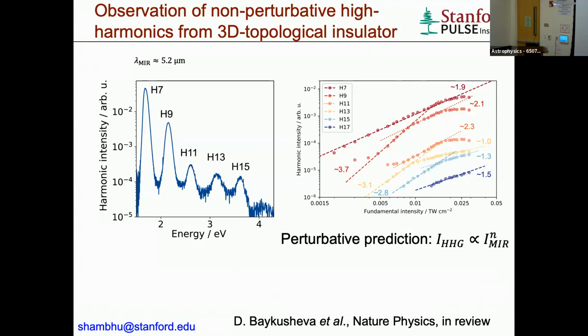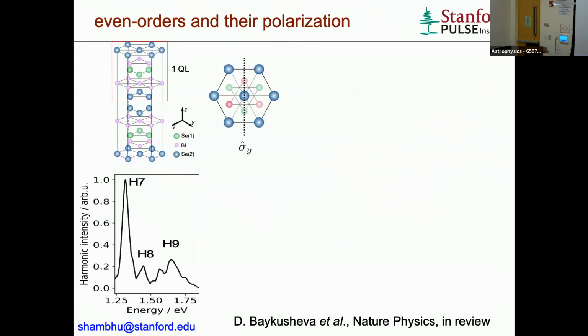And interesting non-perturbative behavior. So we spent a lot of time to analyze the spectrum and crystal structure. What I want to give you as a message here is that if you look at the spectrum carefully, you can see some even order harmonics, very similar to the case of MoS2.